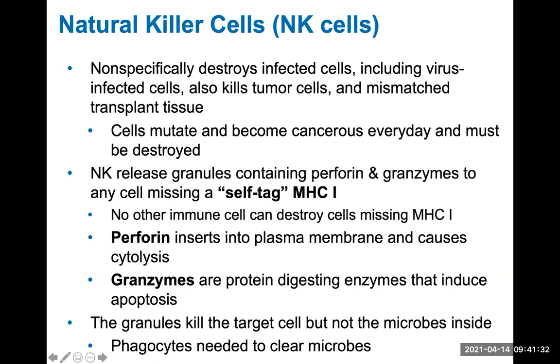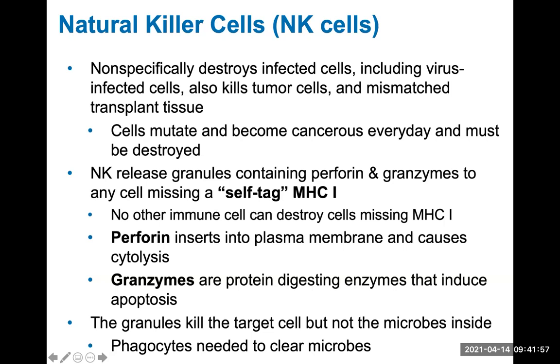Natural killer cells release granules containing two particular types of enzymes that you need to know: perforin and granzymes. And the mode of action, or the mechanism that natural killer cells use to target these infected or tumor cells, is looking for the MHC1.